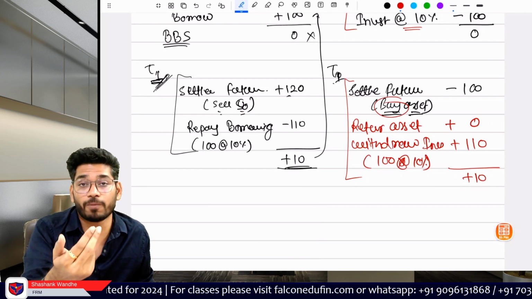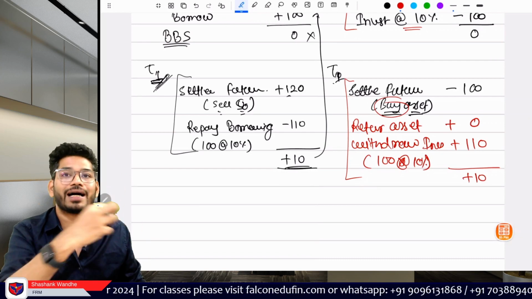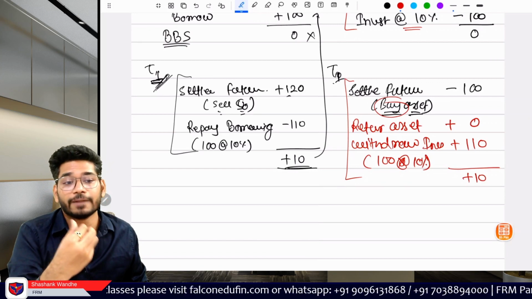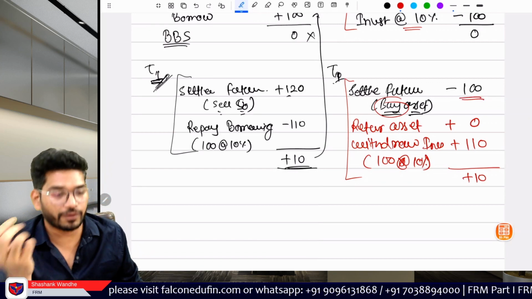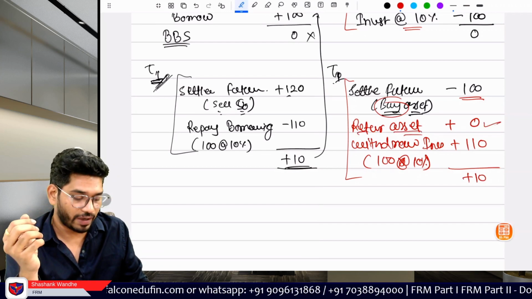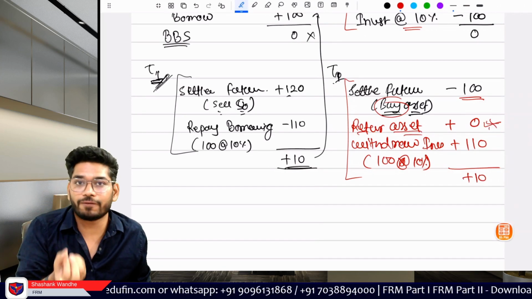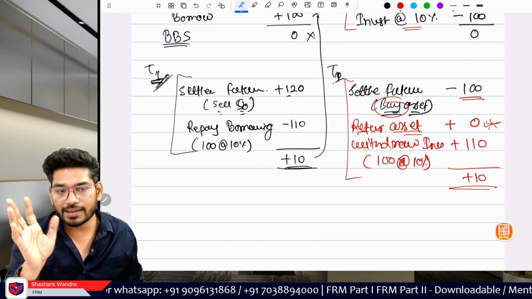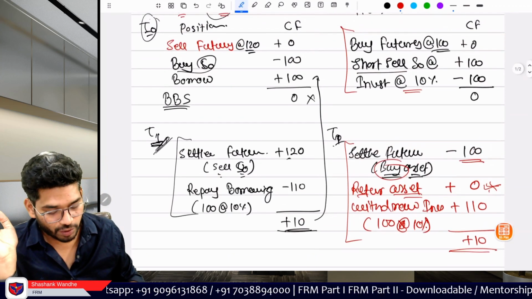For buying the asset, you have to pay 100. So you withdraw 110, your invested amount plus the return on that investment, and then you settle your futures by paying 100. Then you return this asset, where you will have no cash flow, and you will have $10 in your pocket, right? So this is how cash and carry and reverse cash and carry arbitrage works.